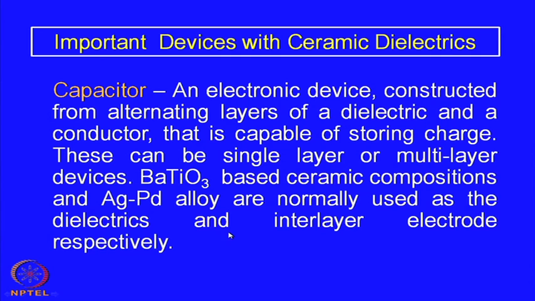Now, it is possible to make or design multi-layer ceramic capacitors in order to miniaturize the capacitance effect, that means, to miniaturize the size of the capacitor. So, within a small volume one can store a much larger quantity of charge. That is the purpose of multi-layering.